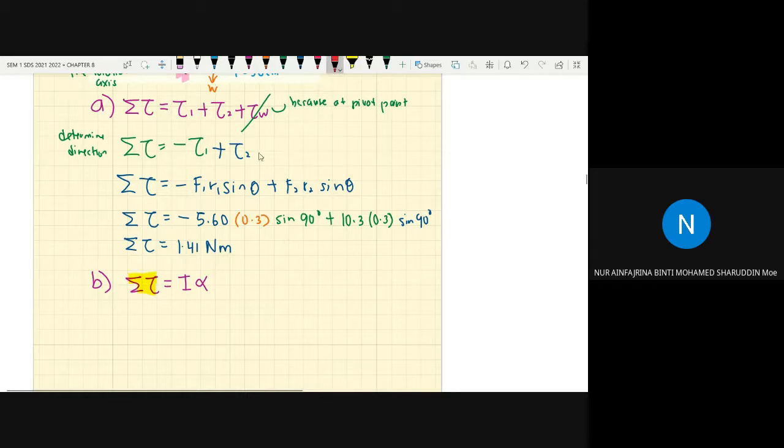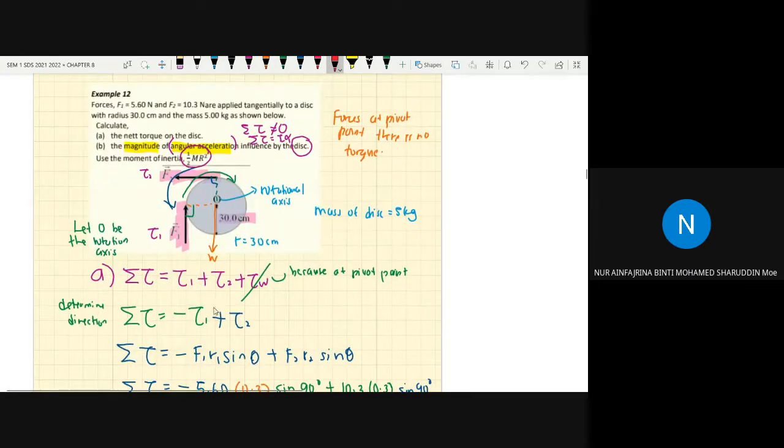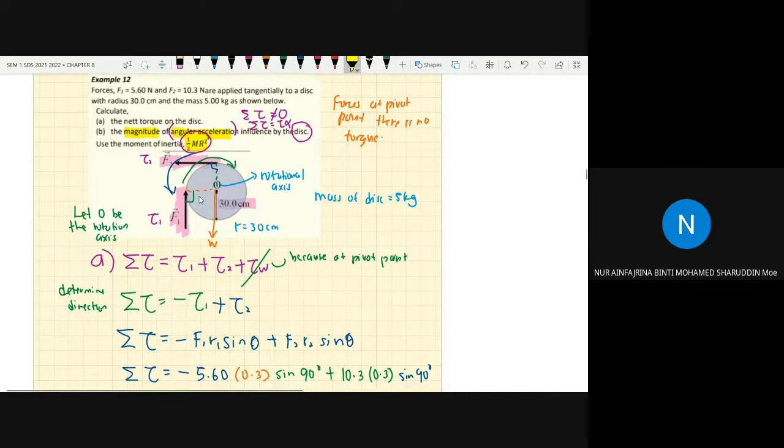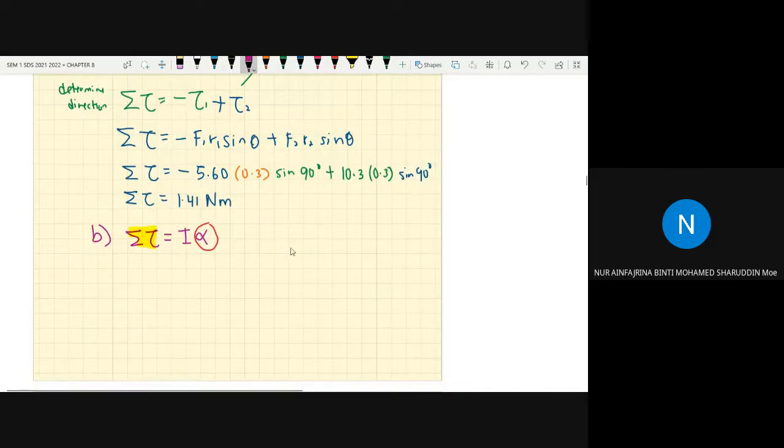Kita nak cari alpha. Moment of inertia macam mana kita nak cari? MR squared. MR squared ke pakai formula yang dia kasih? Korang jangan confuse. Pakai formula yang dia kasih. Jadi tak apa, kita cari dulu. So formula yang dia kasih adalah half mr squared.